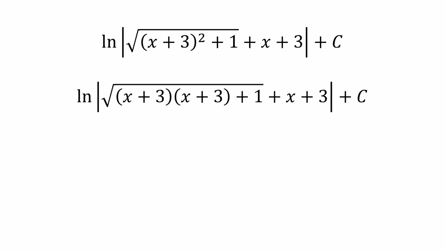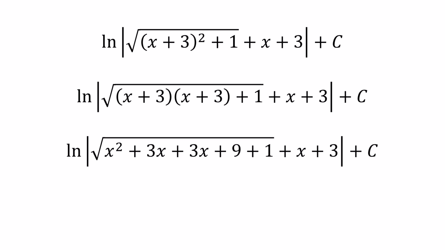Multiplying then gives ln absolute value of root x squared plus 3x plus 3x plus 9 plus 1, plus (x plus 3), plus c.